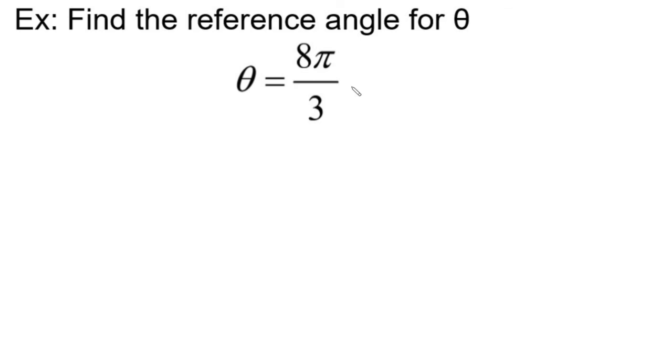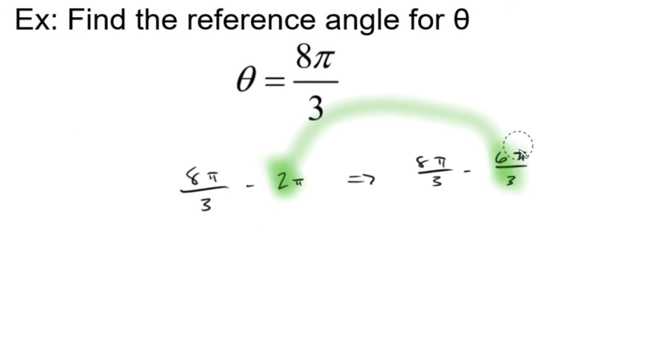So what we want to do is take that and subtract 2 pi from it, which is going to look like this. 8 pi over 3 minus 6 pi over 3 to get a common denominator, because, in case you guys have forgotten how to add and subtract fractions, these two things are the same. So I've just rewritten 2 pi, and this is 2 pi over 3.